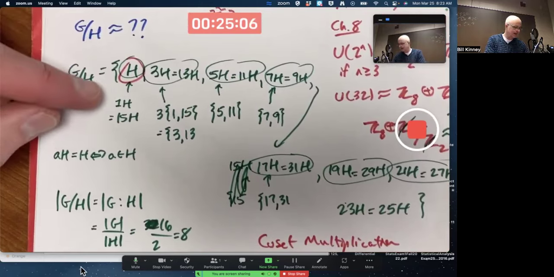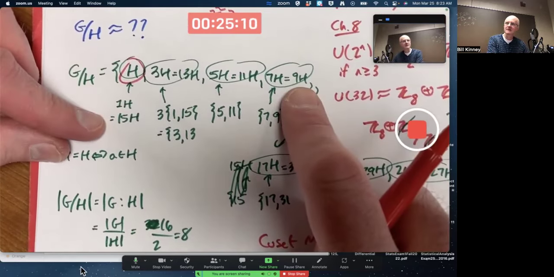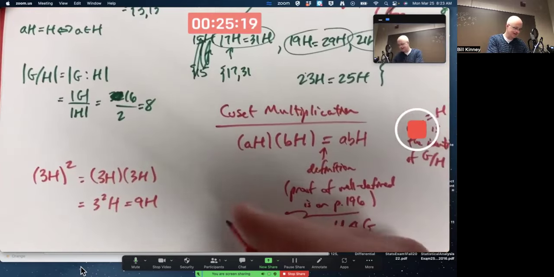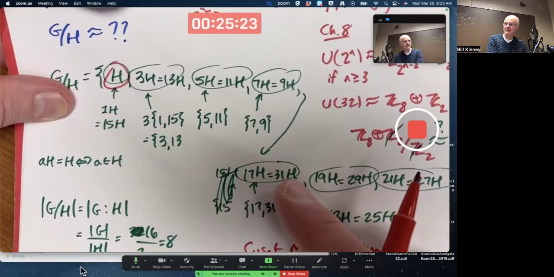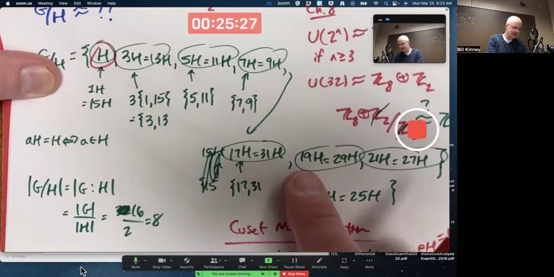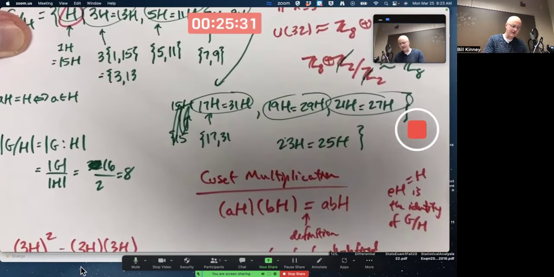No. The identity H equals 1H and 15H. It does not equal 9H. 9H equals 7H. The simplest form for all these elements is to probably take the smaller representative. 1, 3, 5, 7, 17, 19, 21, and 23. Oh, I forgot to circle this last one.